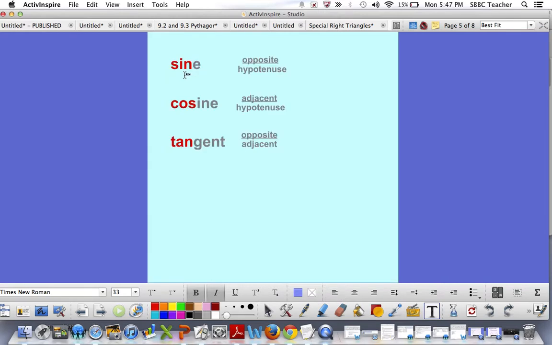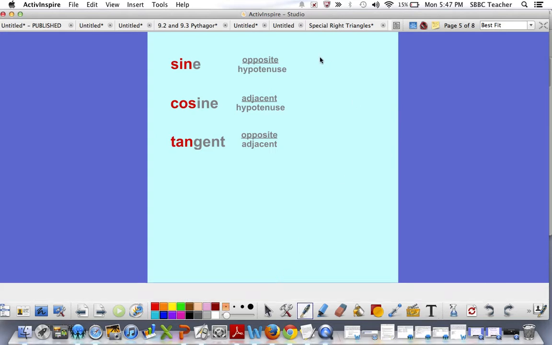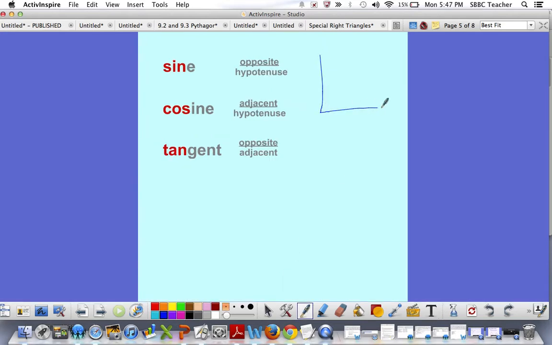Trig functions, or trig ratios, study the ratio of the sides of triangles. So the sine function is the ratio of the opposite side. So remember, we have a triangle, and it has to be a right triangle.